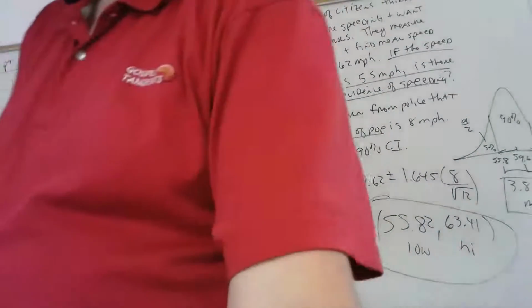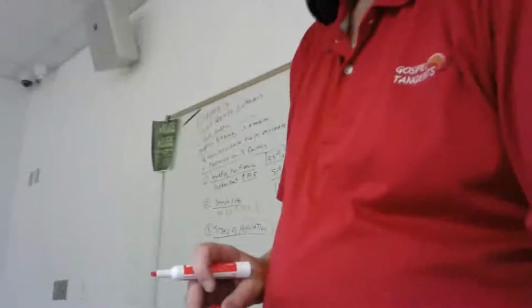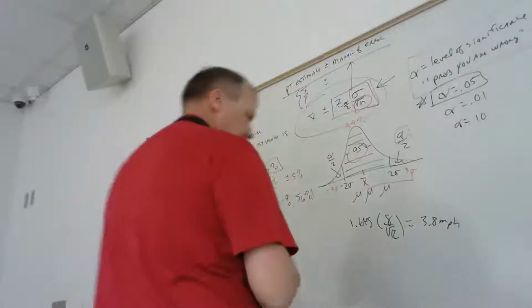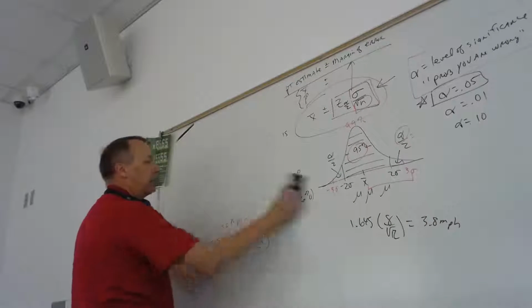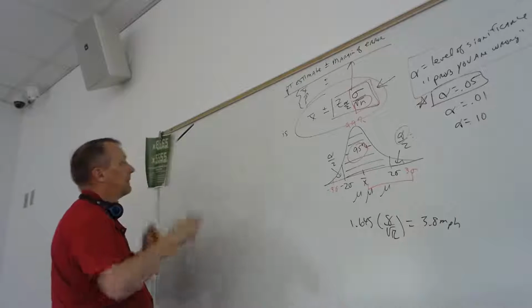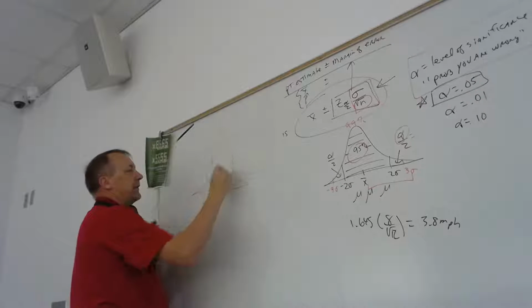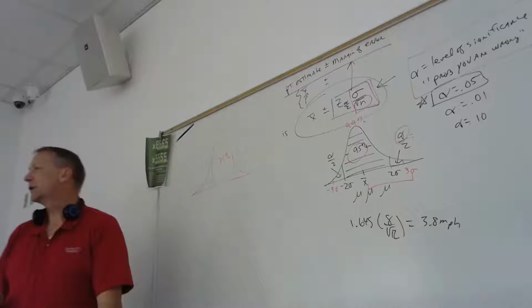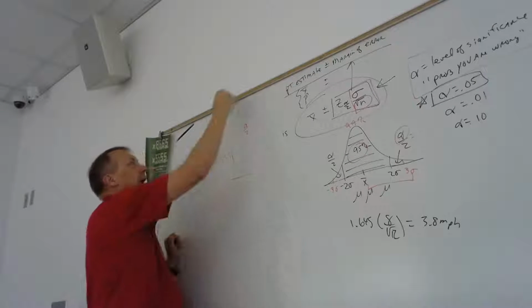Let's say that I want a 75% confidence interval, okay? I want 75% of my data to be here. What's my alpha over 2? Or what's my alpha, first of all?